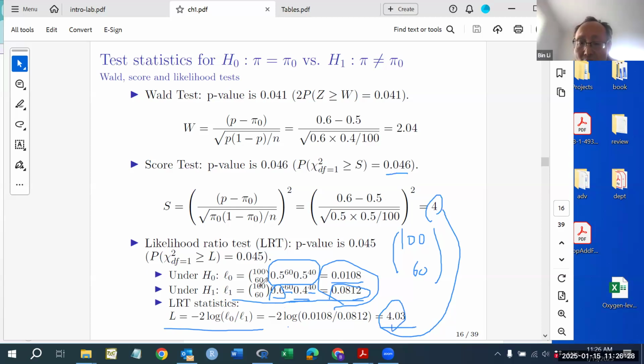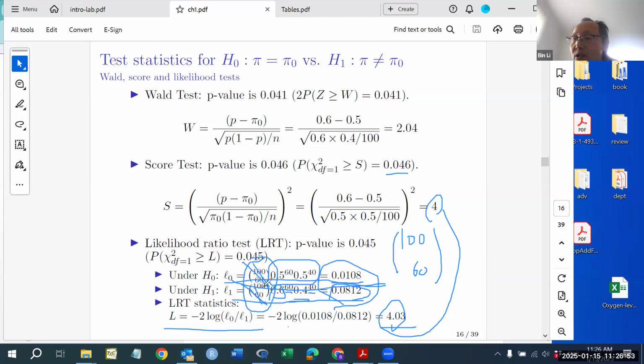And you can see, when we do the ratios, does the binomial coefficient matter in the likelihood ratio test? It does not matter, because when we take the ratios, the binomial coefficient cancels out.